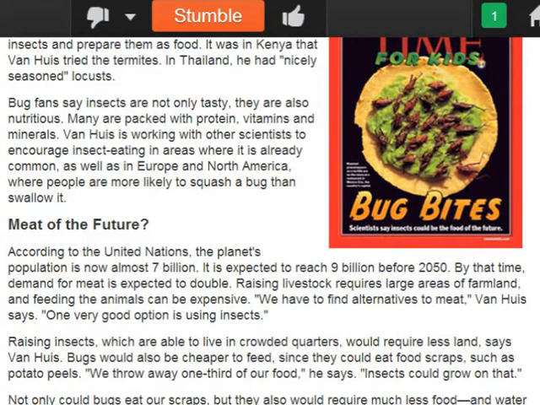Ben West is working with other scientists to encourage insect eating in areas where it is already common, as well as in Europe and North America, where people are more likely to squash a bug than swallow it.